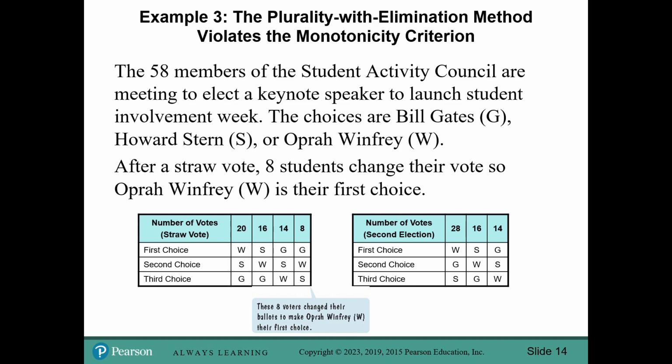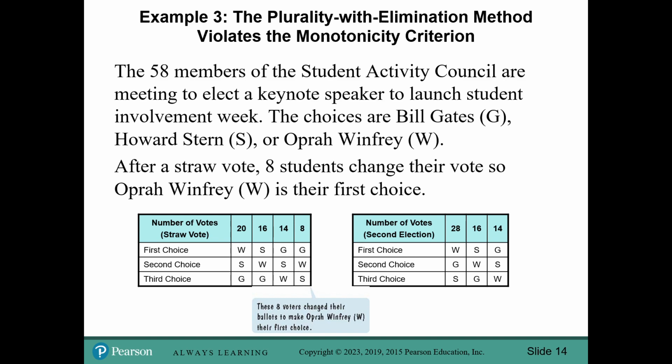Okay, so we're going to look at the plurality with elimination method and how it violates the monotonicity criterion. If you need to review what the plurality with elimination method is, go back to 13.1. The 58 members of the Student Activity Council are meeting to elect a keynote speaker to launch Student Involvement Week.